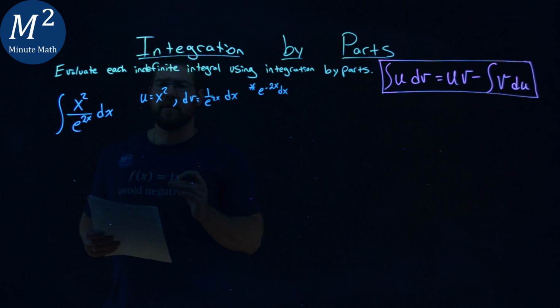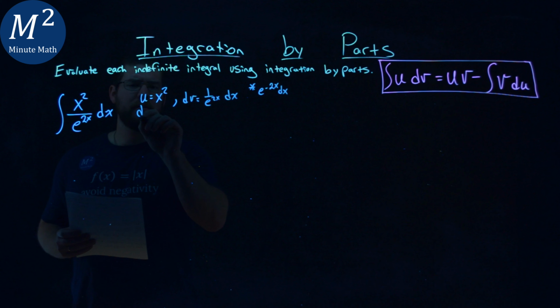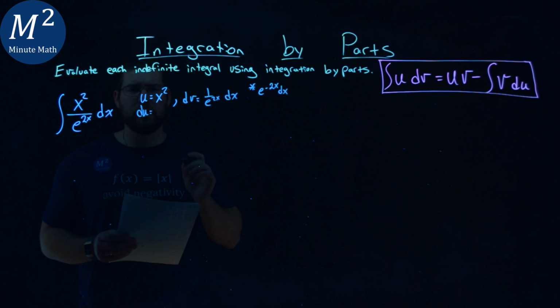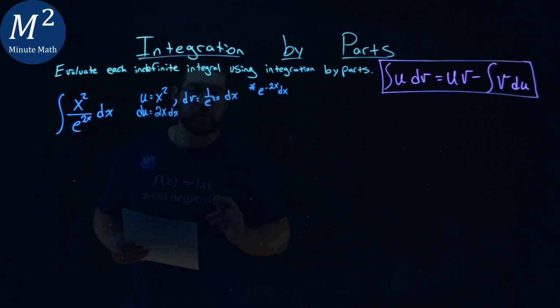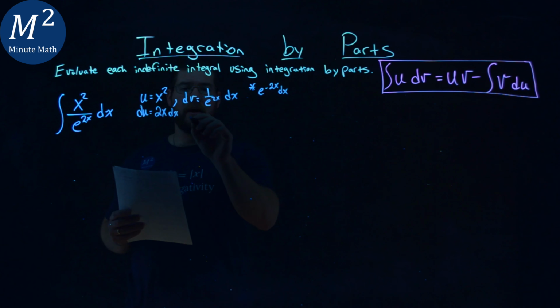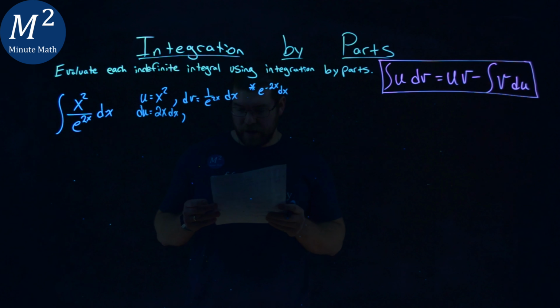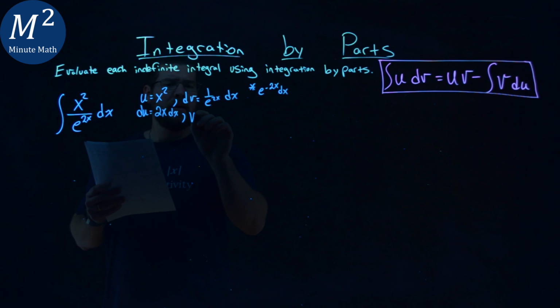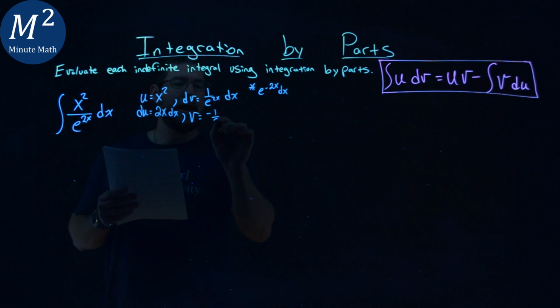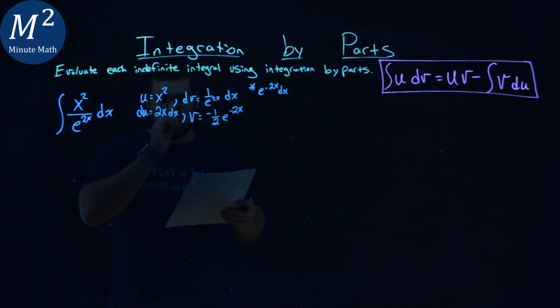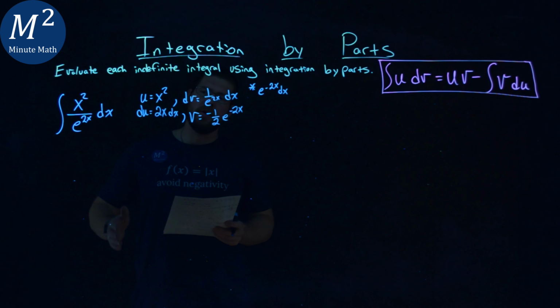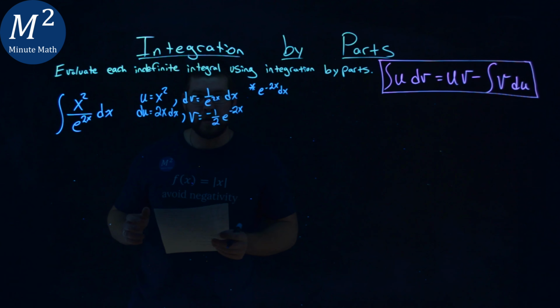Well, we have this all set up now, so let's go find a du value first. Derivative of x squared, the 2x dx. The integral of our dv value, so the integral of e to the negative 2x, that's why I write it like that. So our v value is a negative 1/2 e to the negative 2x power. Okay, so now let's go apply our formula here.